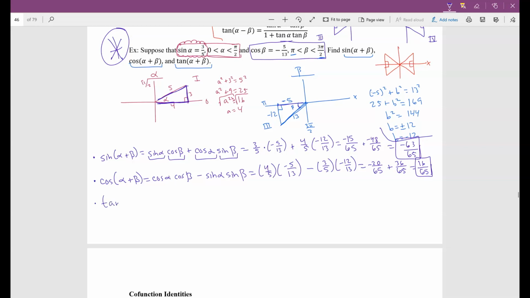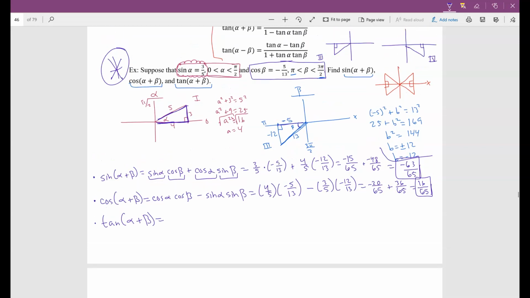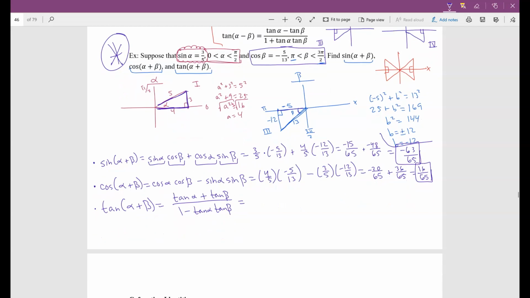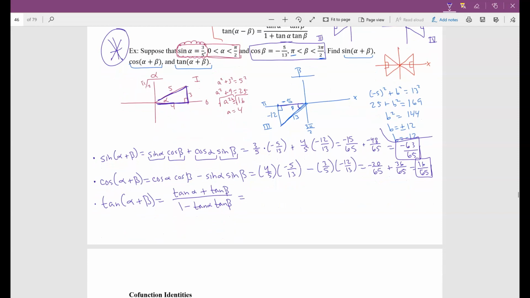So tangent of alpha plus beta. Well, that one we just figured out what that was. It was just basically this guy. So that's just going to be equal to tangent of alpha plus tangent of beta divided by 1 minus tangent of alpha times tangent of beta. Again, looking at our triangles, tangent of alpha is opposite over adjacent, which is 3/4, plus tangent of beta.